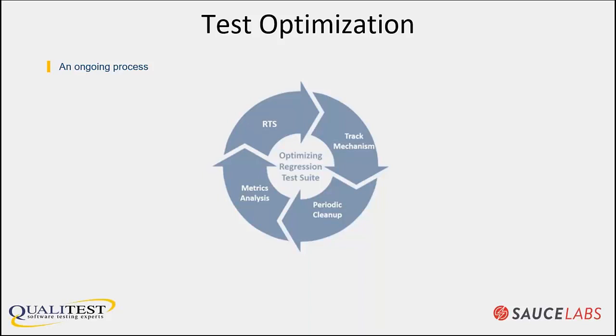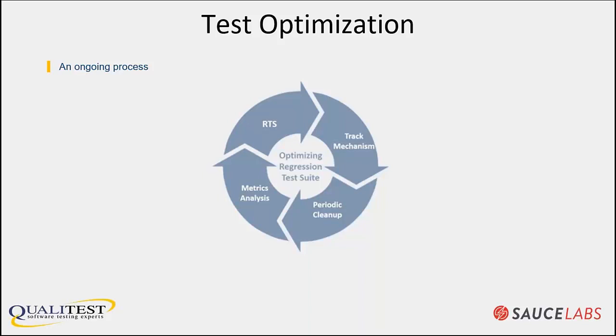continuous delivery, you're constantly bringing in new features. That means your test bed, your test cases are always changing. So we start with the regression test suite, RTS. We need a mechanism to track how the tests are doing. You know, are some good or some bad?